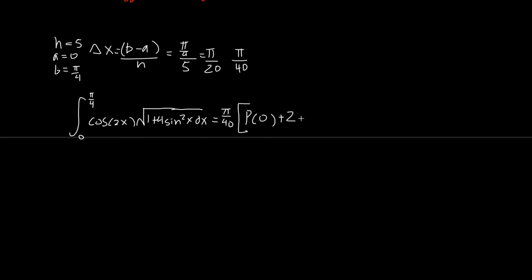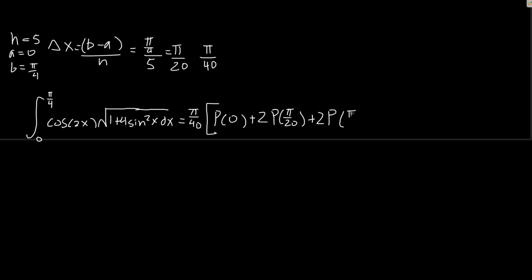It's kind of a gross number, but let's just go with it. Plus 2 times p of 2 pi over 20, which is just pi over 10, plus 2 times p of 3 pi over 20, plus 2 times p of 4 pi over 20, which is just pi over 5. And then we're all the way back to p of pi over 4. Okay, so this is what our expression looks like.